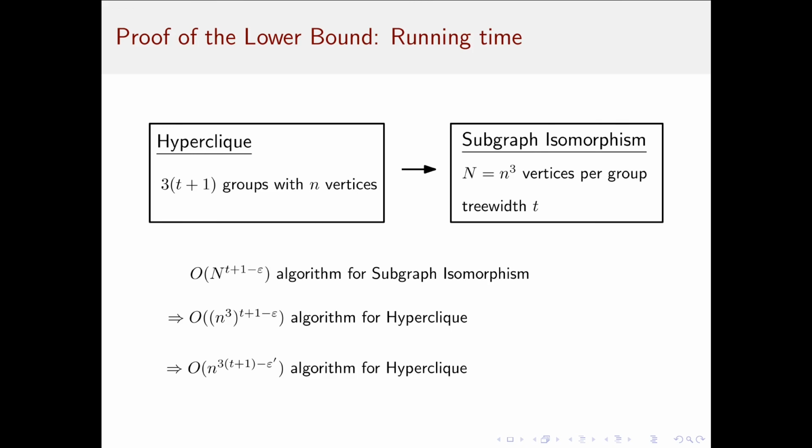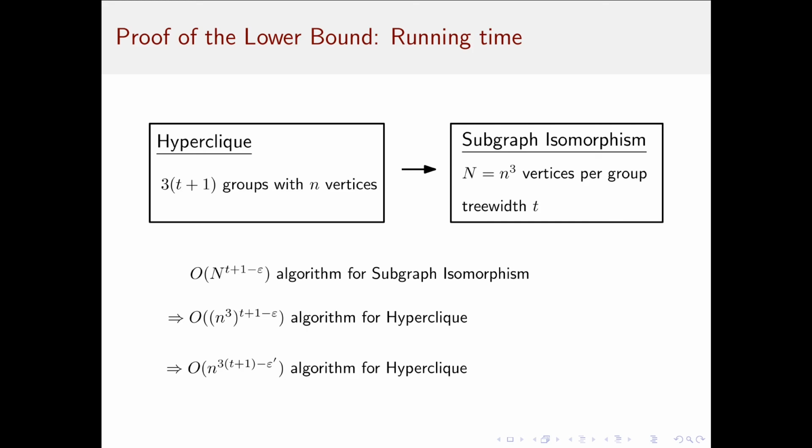So if you assume that there exists such an algorithm, then that implies, by using that big N is equal to small n cubed, that you have an order of n cubed to the t plus 1 minus epsilon algorithm for hyperclique.